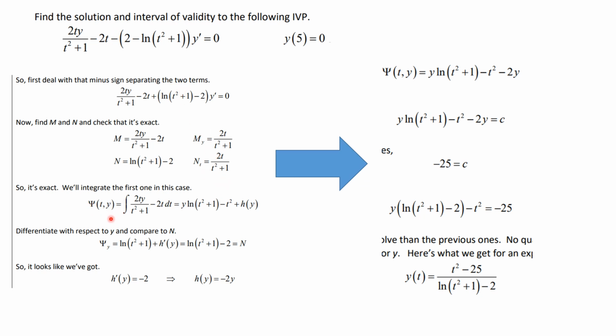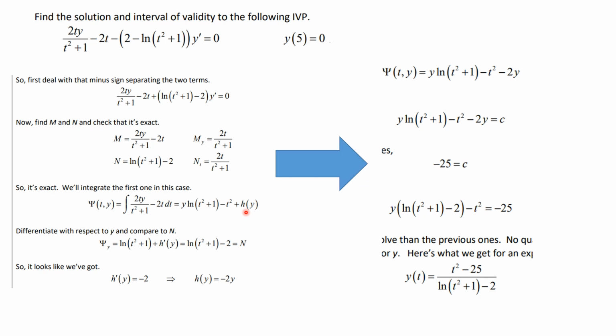We're going to integrate the first one, which is this one, and we're integrating this with respect to t this time. So when we integrate this with respect to t, again, you should make sure that you do get these answers for your integrals, but you get this as the integral, and your constant is really a function of y, because I integrated the one with t.